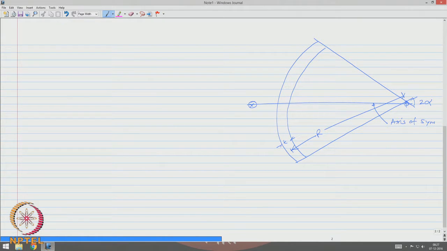The shear center lies on this axis C, where a force applied through it will not cause any twisting, and the distance of this point from the center is the offset of the shear center, which we call E. We already derived that E is given by 2 r^4 t by I times (sin alpha minus alpha cos alpha), where to the vertical this angle is beta.